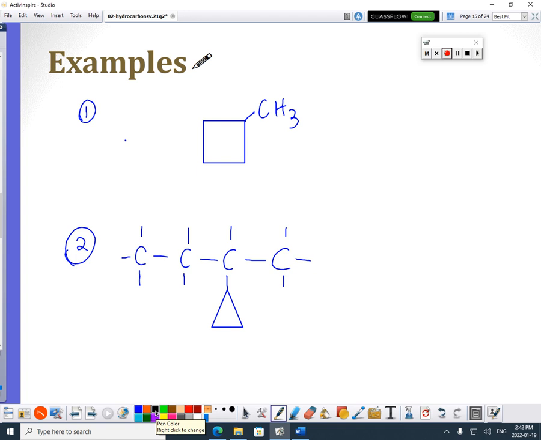So like I said, there's no beginning and no end, so that makes your life much, much easier. You can just call this methylcyclobutane. By default, it has to be on the first carbon, so you can write the 1 or not. You need the cyclo to show that it's not a chain, it's a ring.